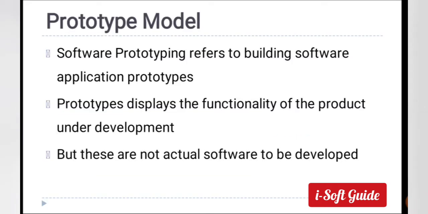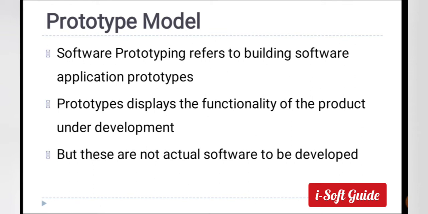So the software prototype is a small set of functions, or one small software, that replicates the complete system that we have to develop. So software prototyping refers to building software application prototypes. A software prototype is a small replica of the software.